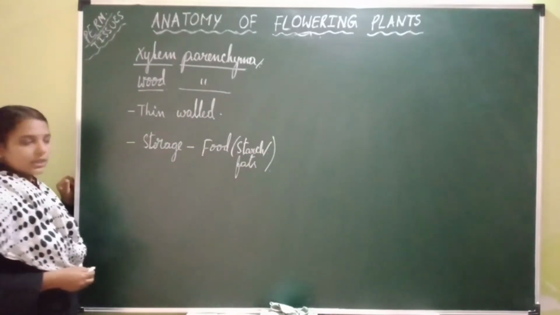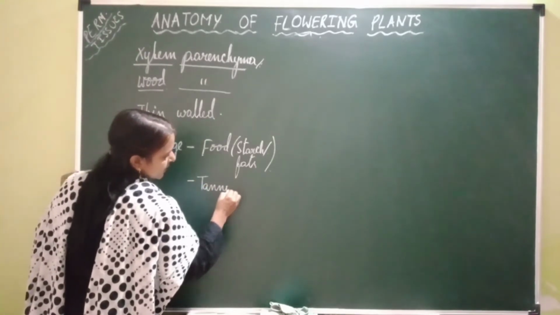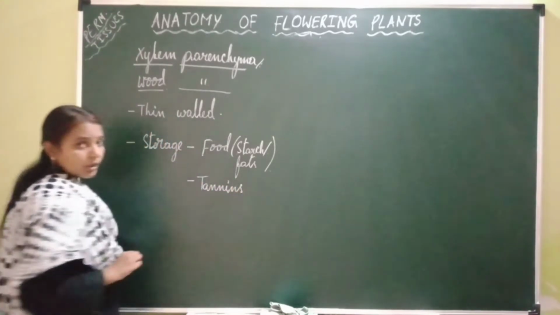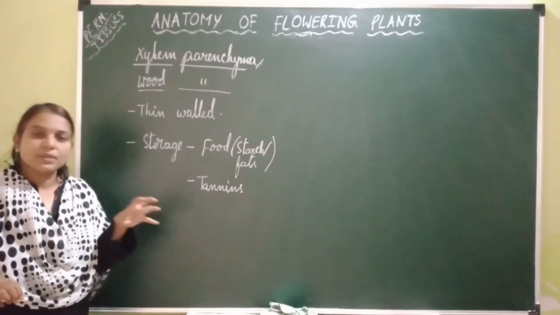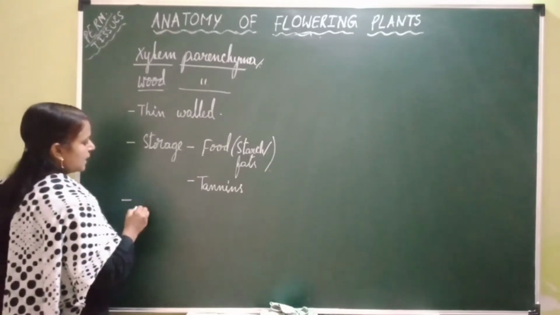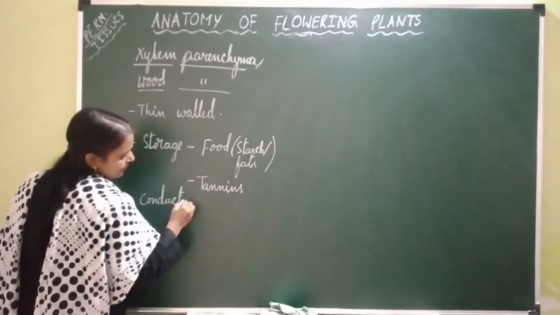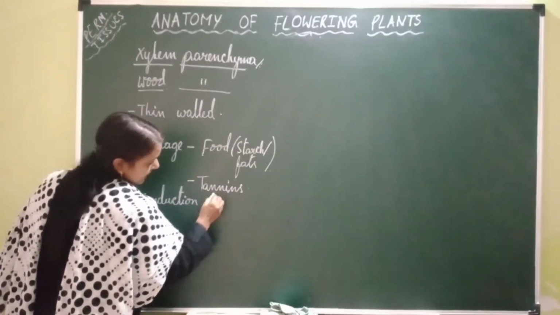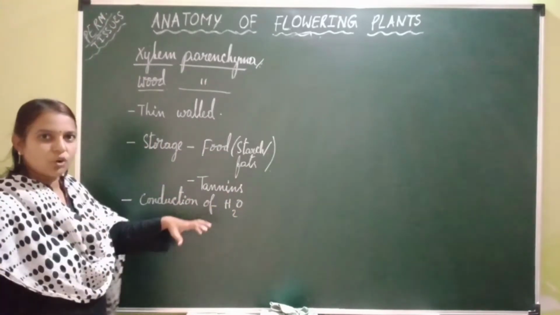Along with food storage, it is also involved in the storage of tannins, that is ergastic substances. And along with storage of food, it performs another function, that is conduction of water. What is this type of conduction of water? That is radial conduction of water, sideway conduction of water.